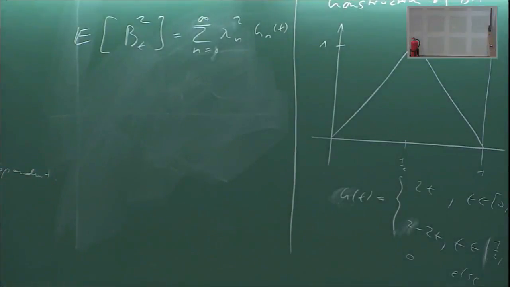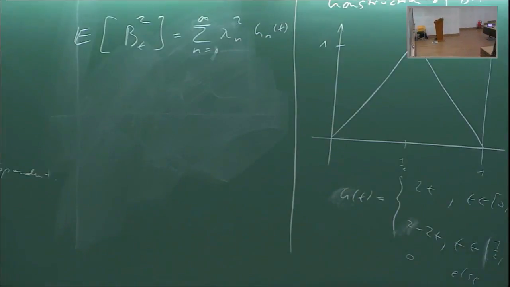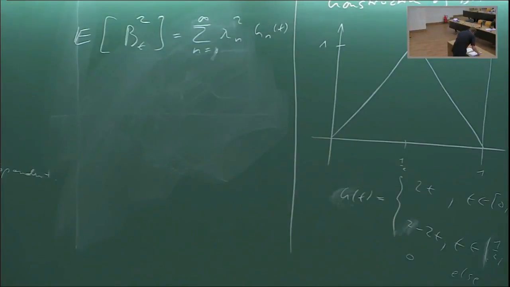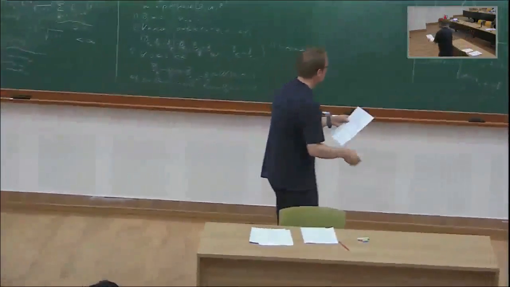First of all, it's a process which consists of sums of many independent normal distributions. So it is a Gaussian vector. It has continuous paths. We have second moments, and I won't have the time to write this down, but it is a function.